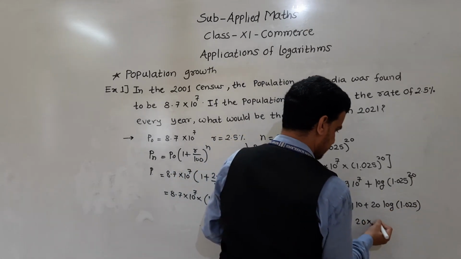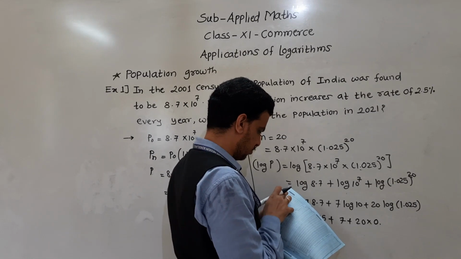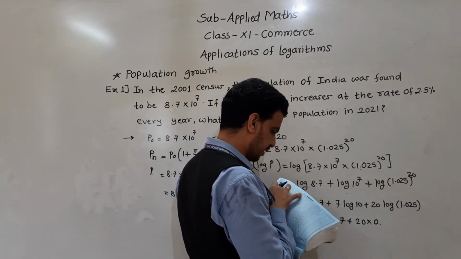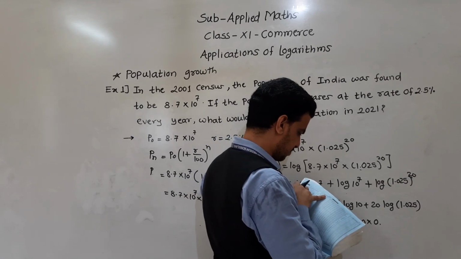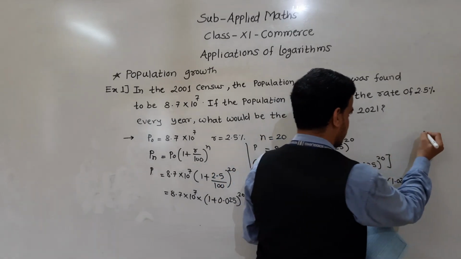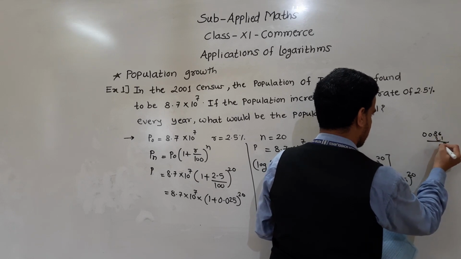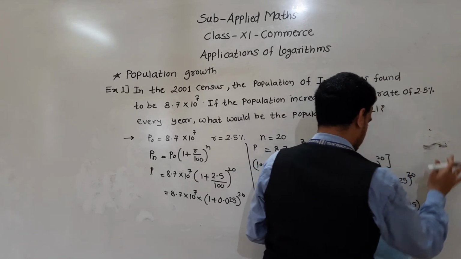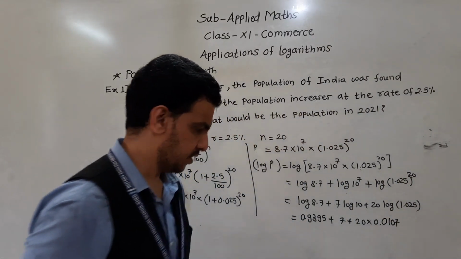Here characteristic is 0 point, in the 10th row, column headed by 2, and mean difference column headed by 5. So 0086 plus 21, it is 0107. So 0.0107.